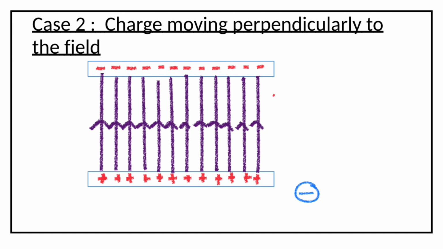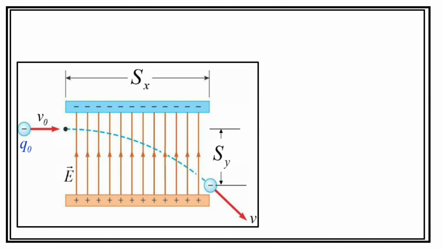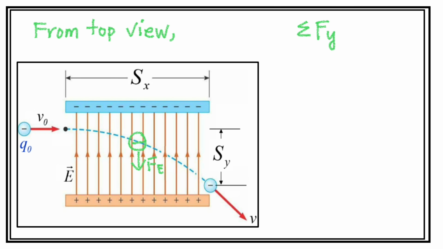Why? This is due to the Fe, the electrostatic force. From the top view, let's say the electron is in the middle of the uniform electric field, we only have Fe. From the summation of Fy, we know it is equal to ma, and Fy is equal to QE. So we get that ay equals QE over m.